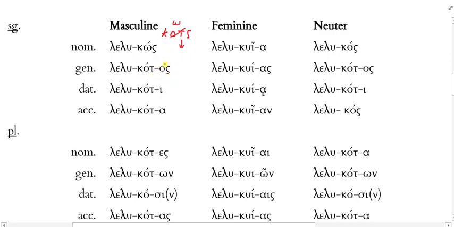So for the feminine form, what I get is the reduplication, the stem, the kappa, but I get this ui, ui, ui, ui. Okay? Then my first declension alpha with no case ending for the nominative, sigma, iota, nu, right? The same cast of characters for first declension case endings.